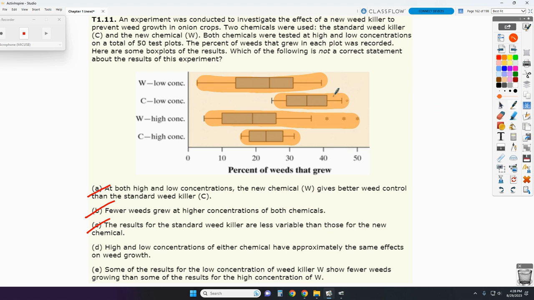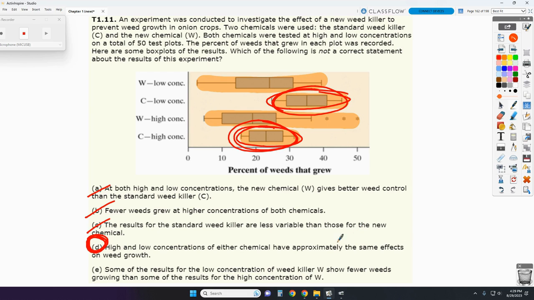And I would say that's probably true. I mean, when I look at this one and this one, there is some overlap in here, but really this one is shifted further down than this one. I feel better that the higher concentration of the standard will do a better job than the low concentration of the standard. So I'm feeling like that one's not correct. It doesn't have the same effects.